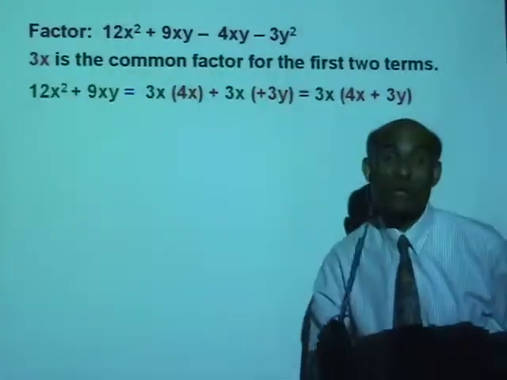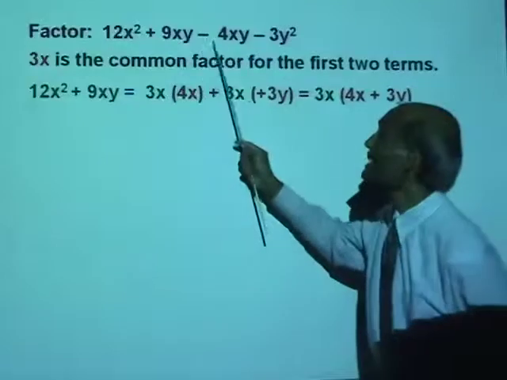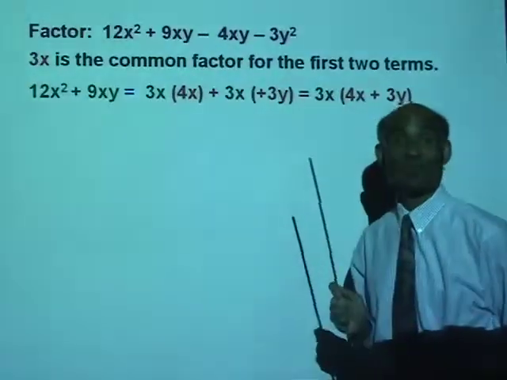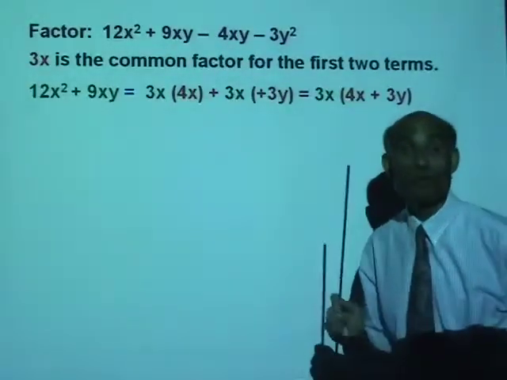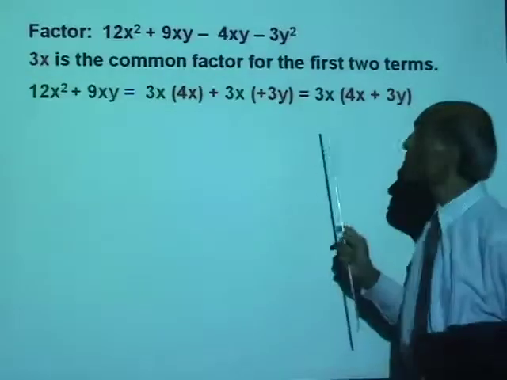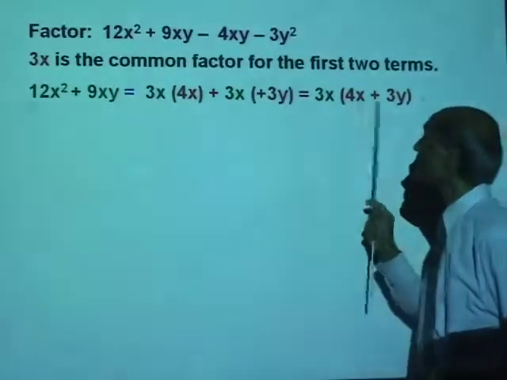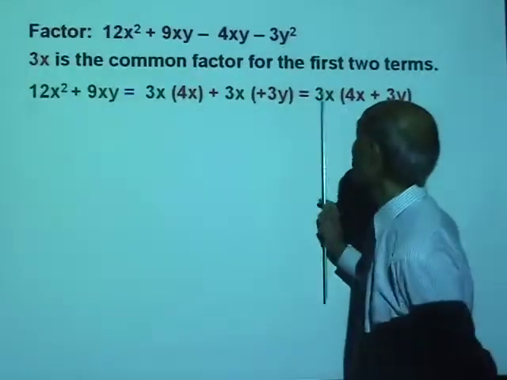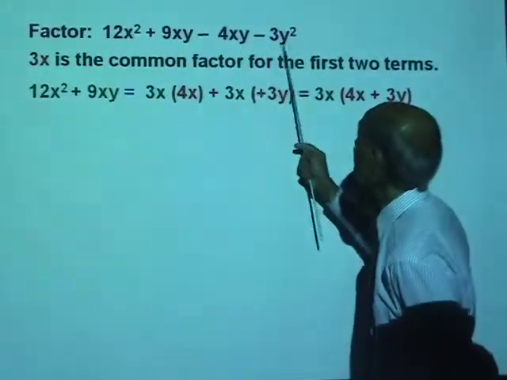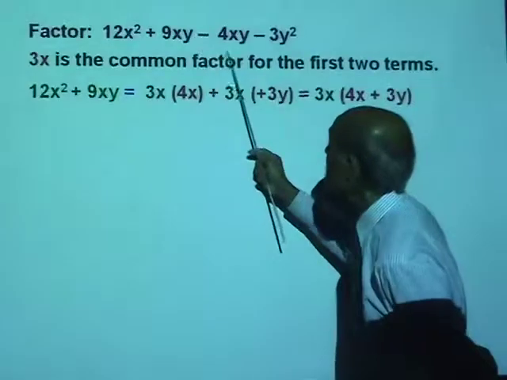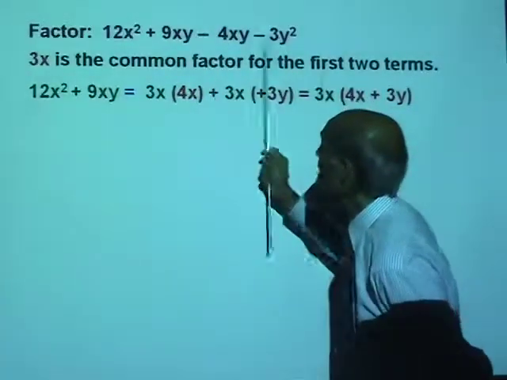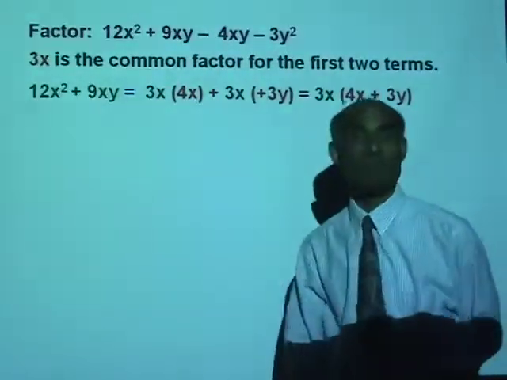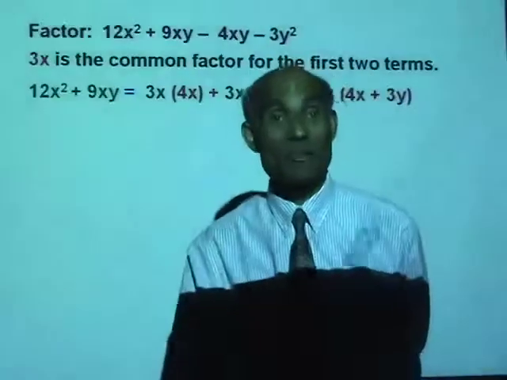What is the clue that you can carry on to the second group? The clue is the second group also must produce a factor 4x plus 3y. And in order to get a 4x plus 3y, what must be the common factor you are going to take out from there? You tell me.